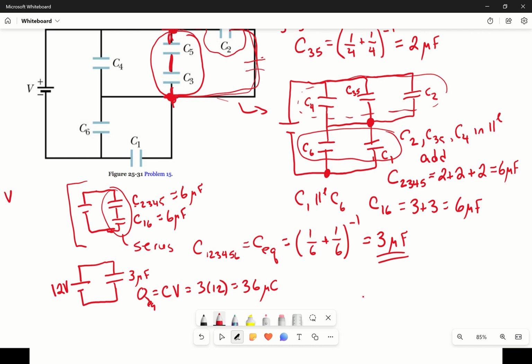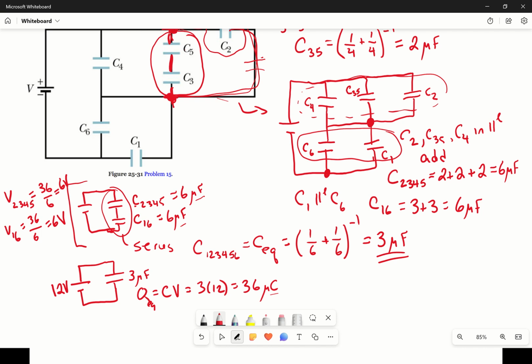So the voltage on C2345 is going to be Q over C, 36 over 6, or 6 volts. And V16 is going to be 36 over 6, which is 6 volts. So since I had microfarads and microcoulombs, I could just leave it as 36 and 6.